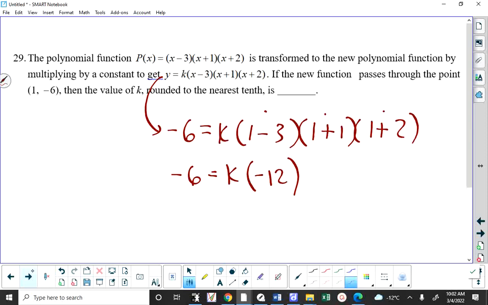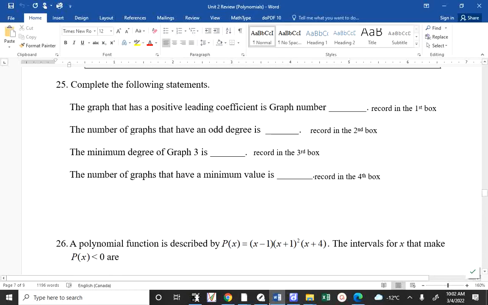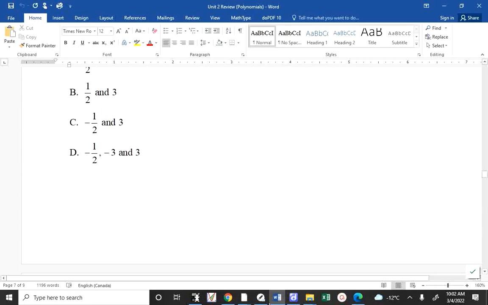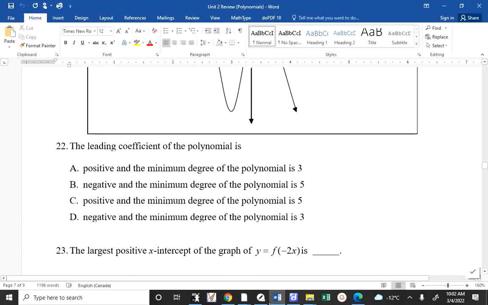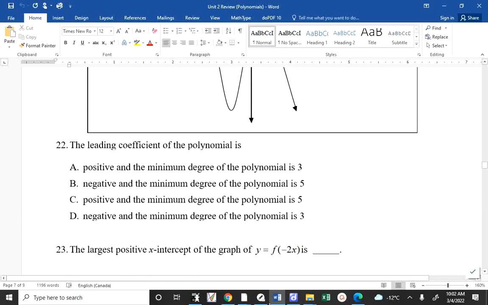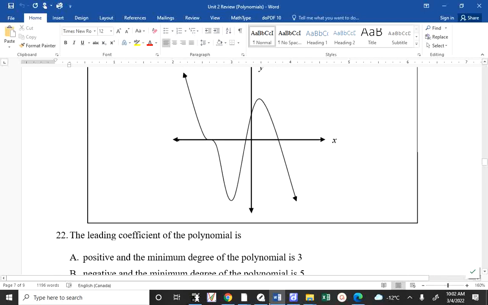23. First of all, just make sure you understand that 23 is still related to this graph. And did that solve your problem? Okay.